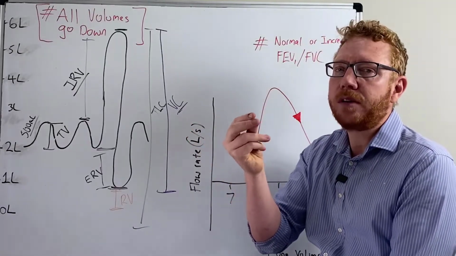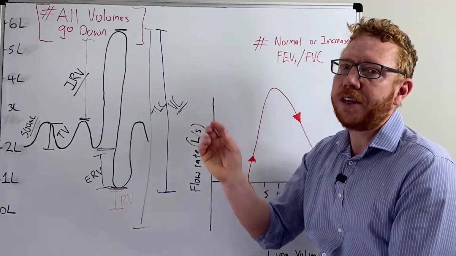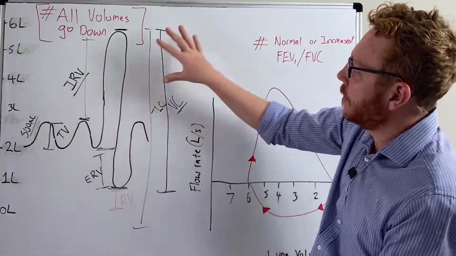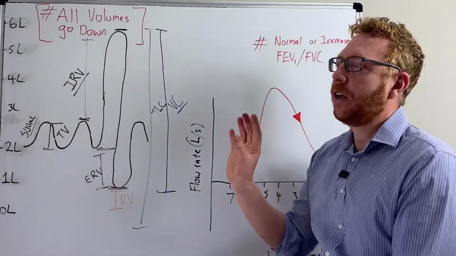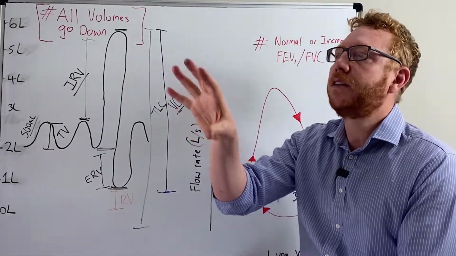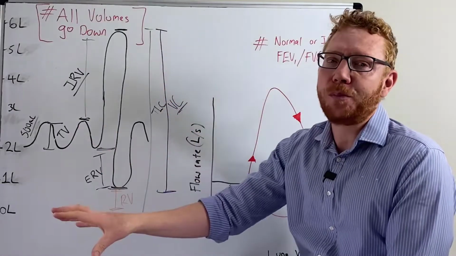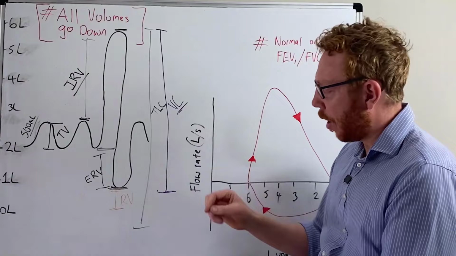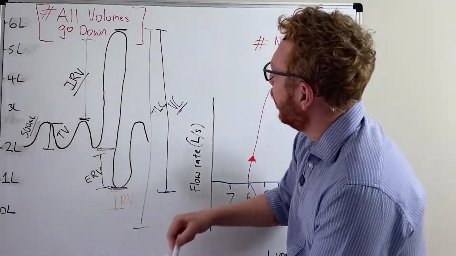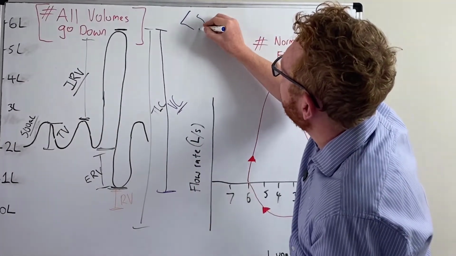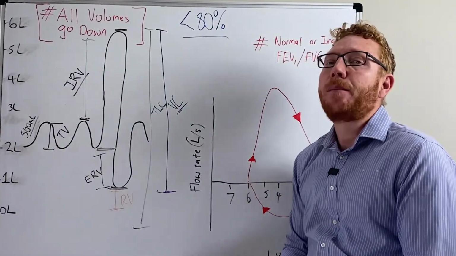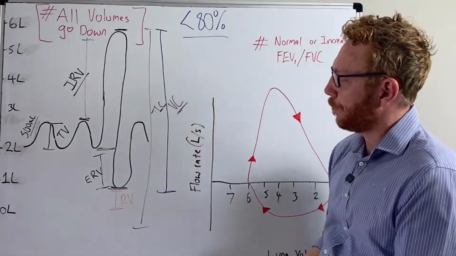You plug all those into the computer when you do your spirometry and it gives you a predicted value. So when you do these tests, it has to be compared to what your lungs should be, to the perfect you. And basically anything less than 80% of your predicted value would be considered a problem or abnormal, okay?